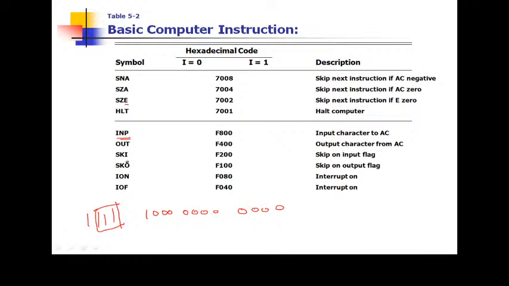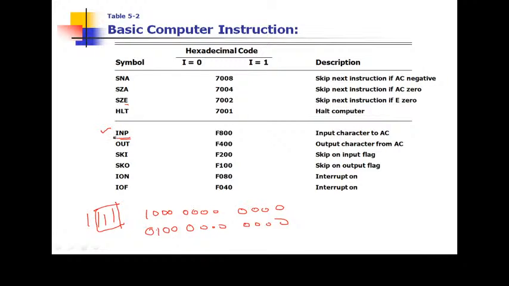Next combination is OUT, that is F1 will not change, rather 0100 0000 0000. Likewise, every instruction will flip one digit each in the least significant 12 digits to get composed. Okay, so the first instruction is INP.